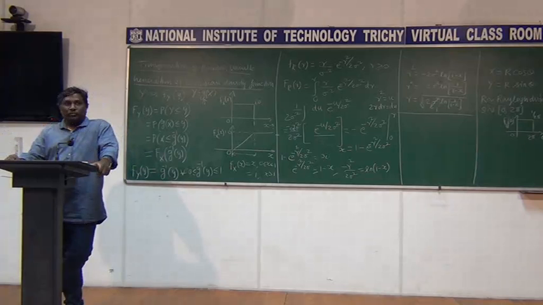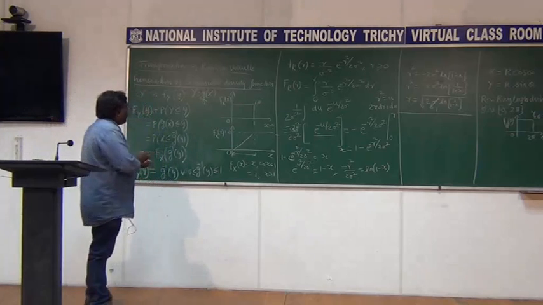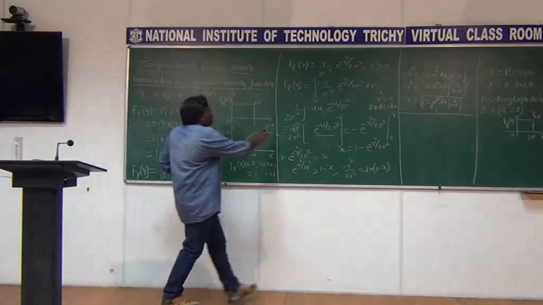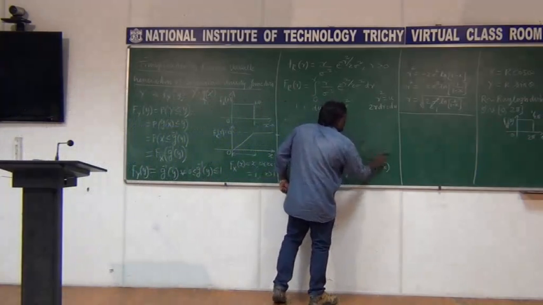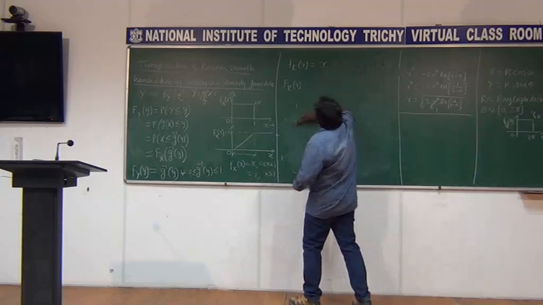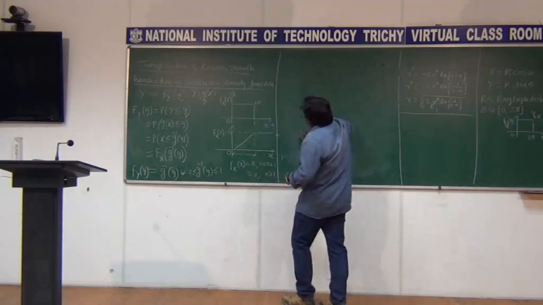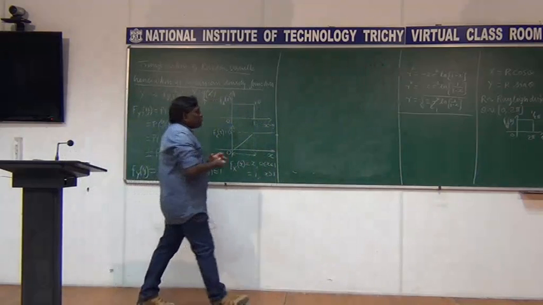So what do you say about this covariance matrix? I just wanted to write this covariance matrix before we further discuss. So what is covariance matrix?